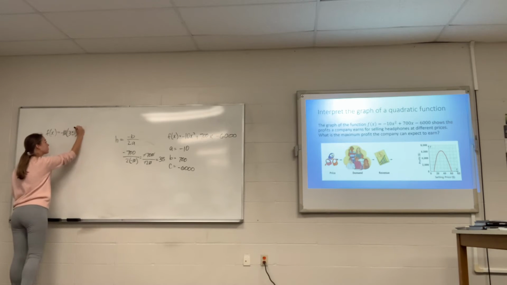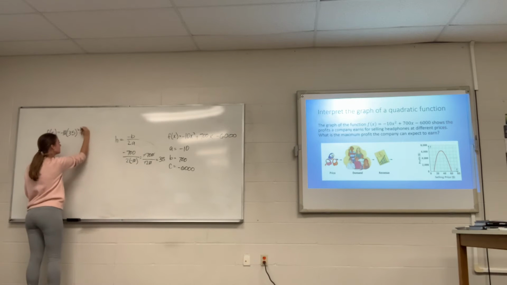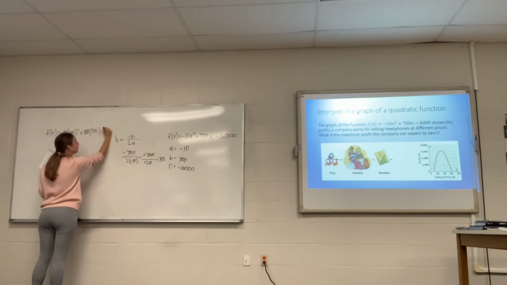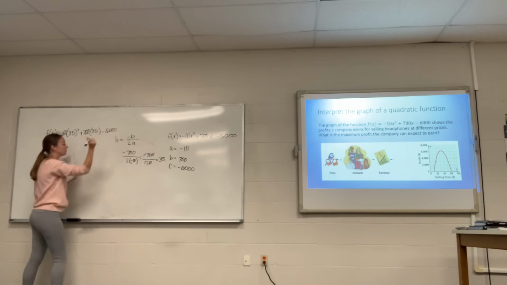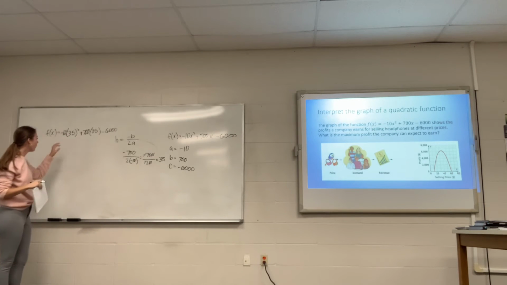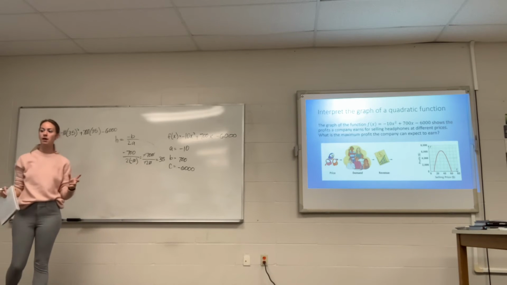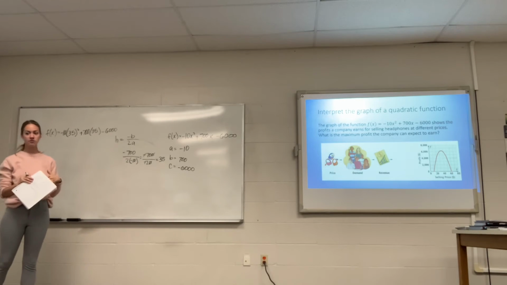So 35 squared plus 700 times 35 minus 6,000. Remember you have to follow order of operations to get the right number, so you want to do exponents first.